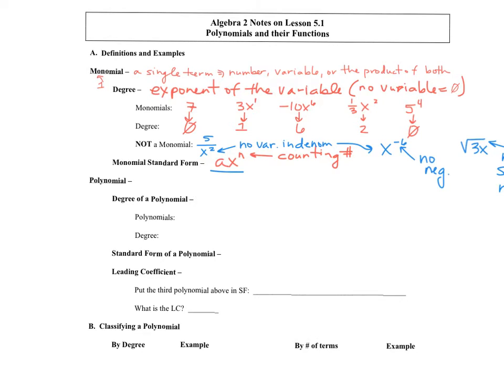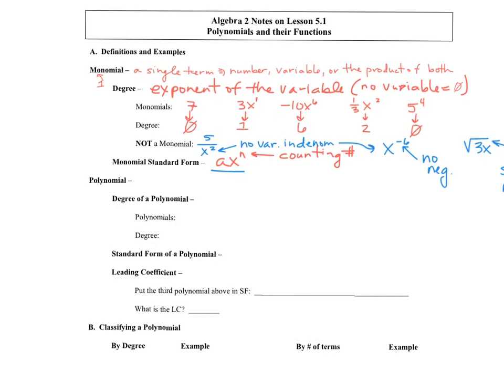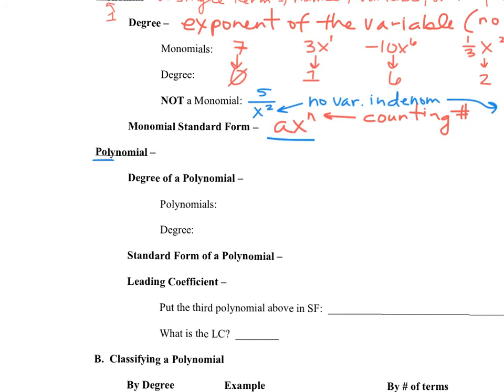Any questions so far? Okay, so that leads us to polynomial. What does poly mean? Poly means many. Which is kind of a trick prefix, I guess you would say, because it doesn't have to be many, but it can be many.